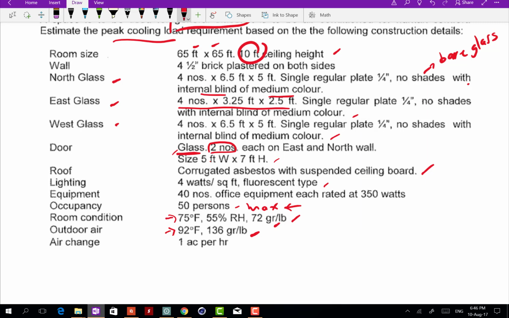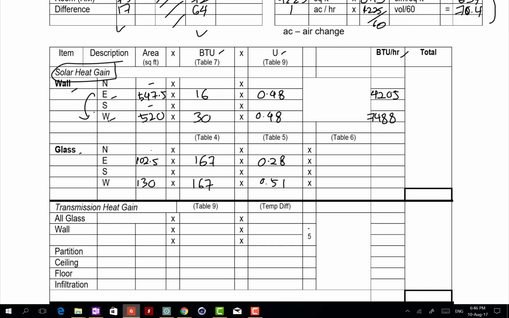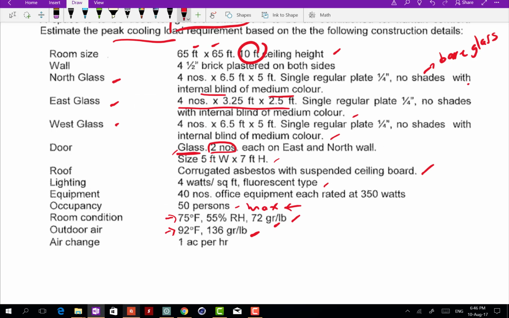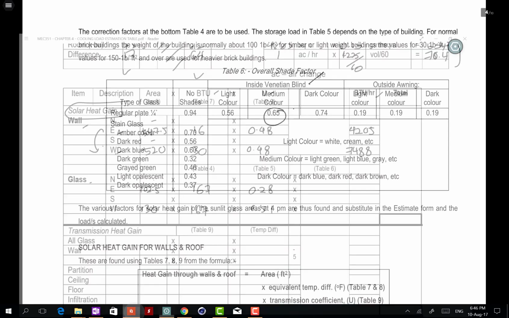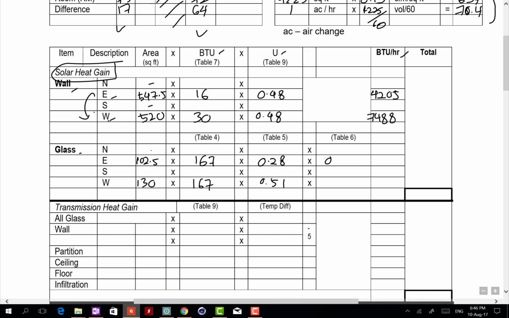So we need to use 0.65 as our overall shade factor, because this is the inside Venetian blind with medium color. So I write here 0.65 for both sides.